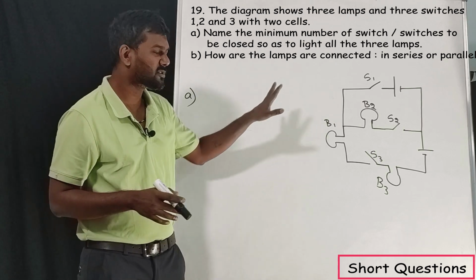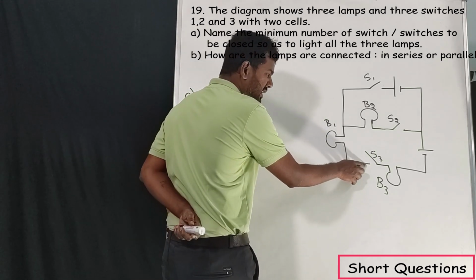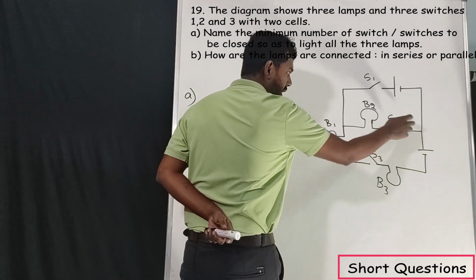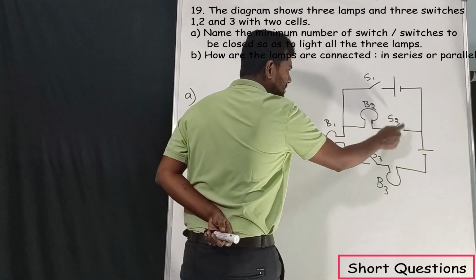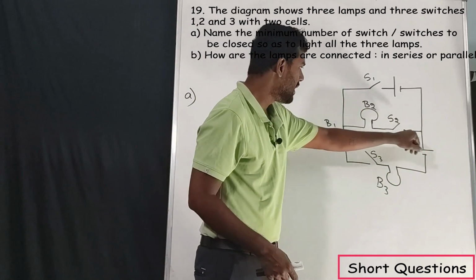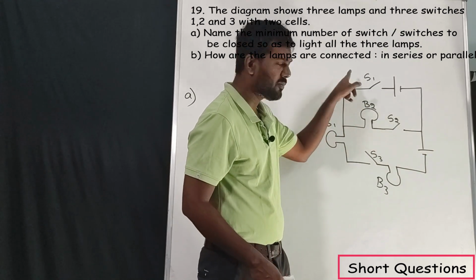If you know that, we can answer. Listen, if I don't close this switch, what happens? Assume I close these 2 switches. That means the current will start flowing from here and from here.